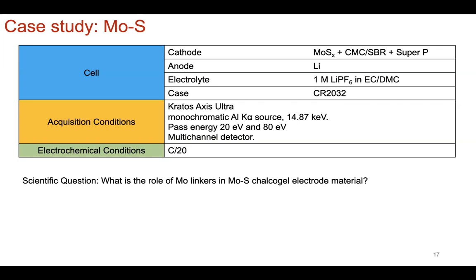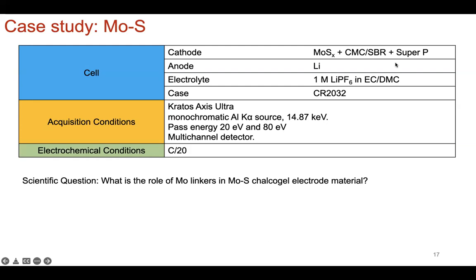And so one of the compounds that we've looked at previously are these molybdenum polysulfide materials that have been investigated because we were interested in minimizing the polysulfide shuttle effect by anchoring the polysulfides that form with the lithium. And so it's a chemical linker.